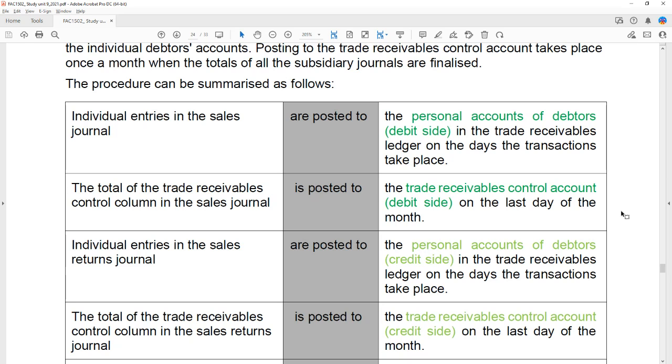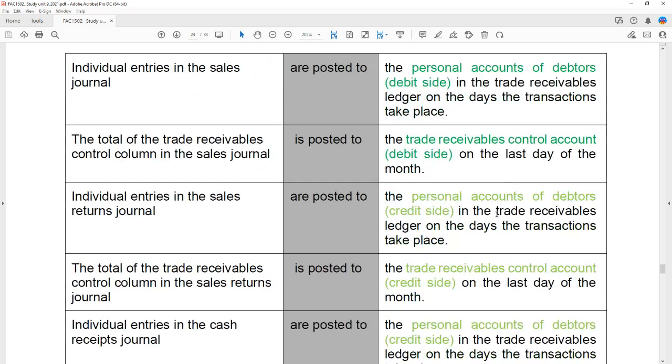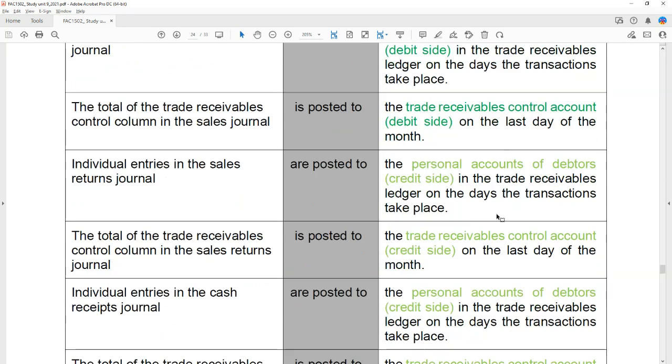And the individual entries in the sales returns journal are posted to the personal accounts of the debtors on the credit side in the trade receivables ledger on the days the transactions take place.